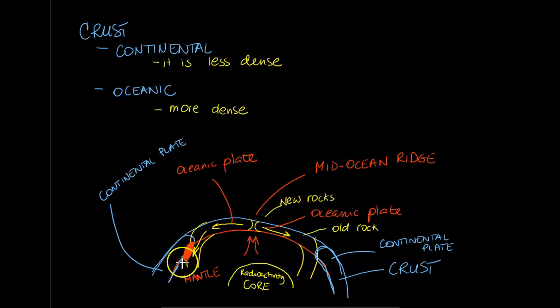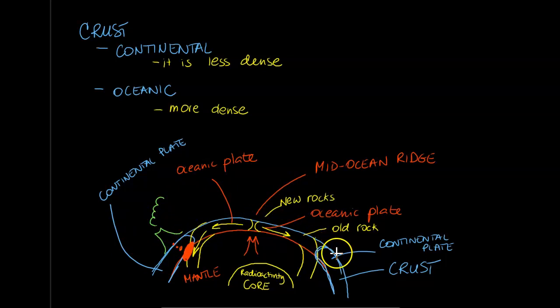Hot material will rise because it becomes less dense, so it will burn through that continental plate and eventually reach the surface, creating a volcano. That's where all that material is going to be surfacing, at a volcano nearby the boundary here.